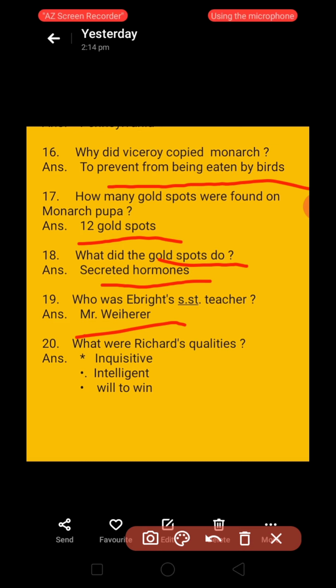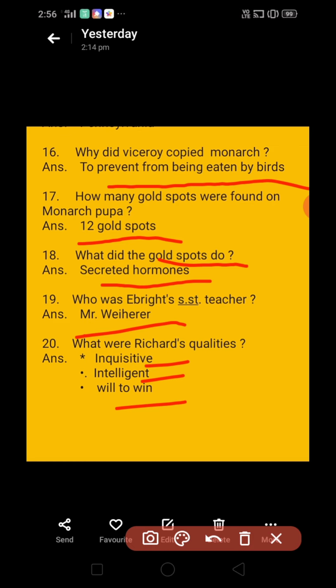Here a number of qualities are given in this text. The most important qualities are that he was inquisitive, he was very intelligent, and the last one, he had a mind full of spirit to win something in life.